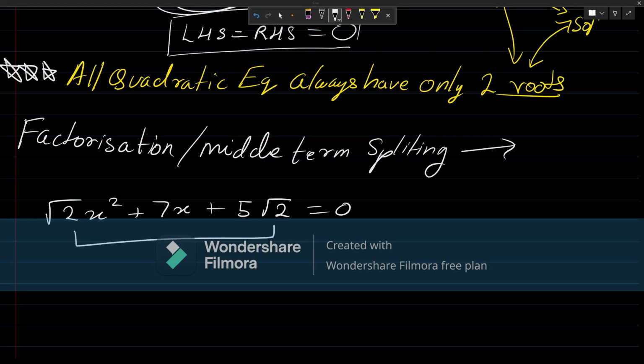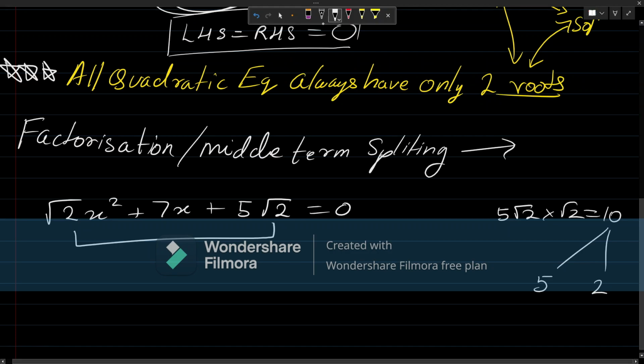Just draw a rough line like this, so you know which numbers you are multiplying. 5 root 2 into root 2 is 10, right? Now if you split 10, what will you get? 5 into 2.